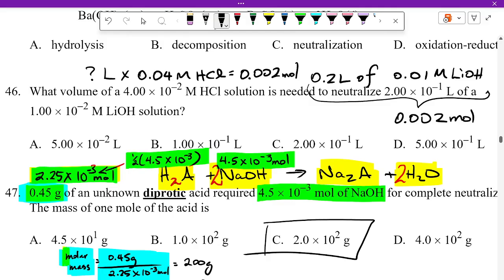So I'm going to take 0.002 and divide by 0.04 and hope that works. 0.002 divided by 0.04 equals 0.05. Okay, and so that would be A. Yes? Cool. And we wanted 58.